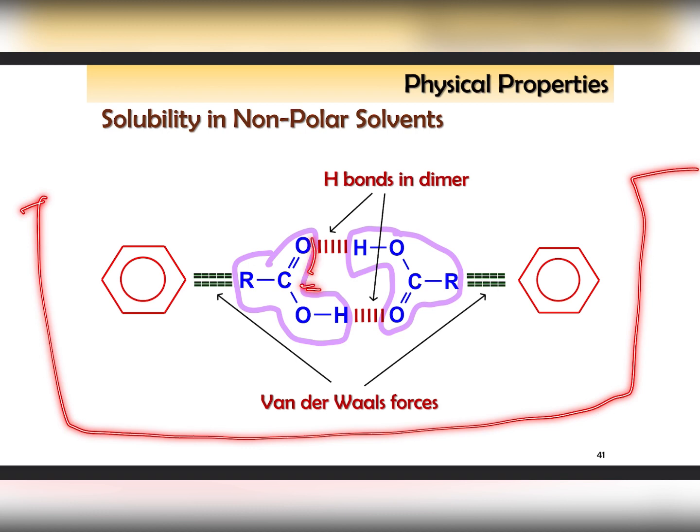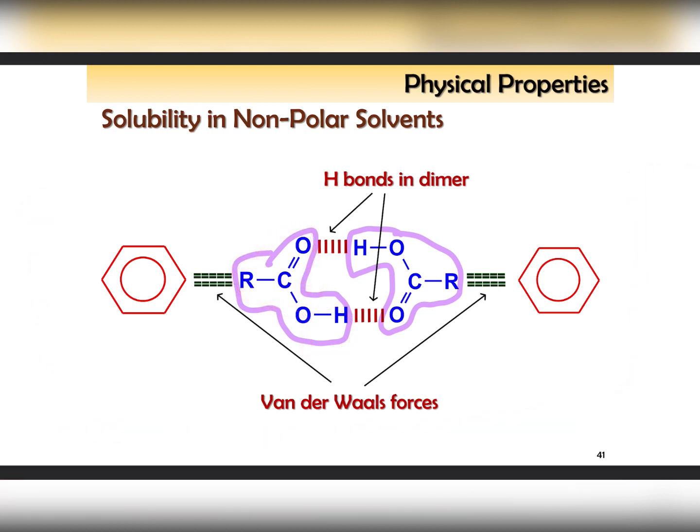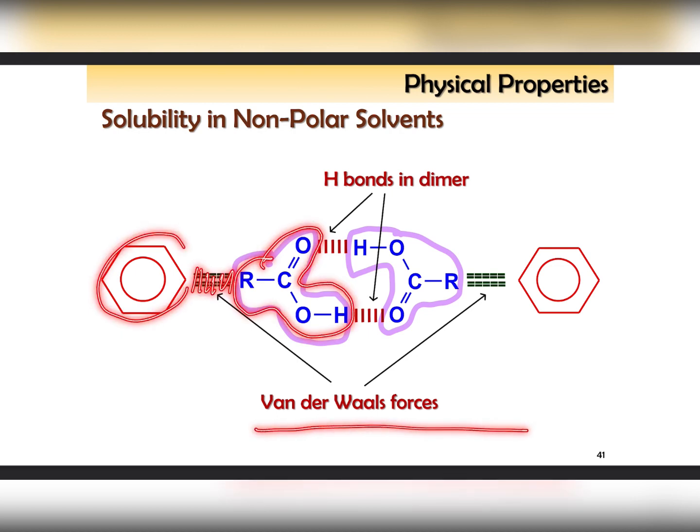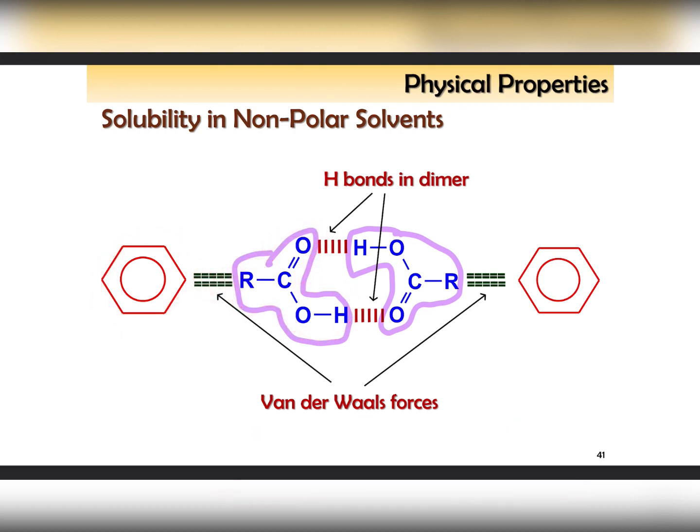So carboxylic acid, between carboxylic acid dengan another carboxylic acid, you can form dimer through hydrogen bonded between molecule. So, between satu carboxylic acid with benzene ring, you can form van der Waals forces. So, kalau nak show, kamu kena label.